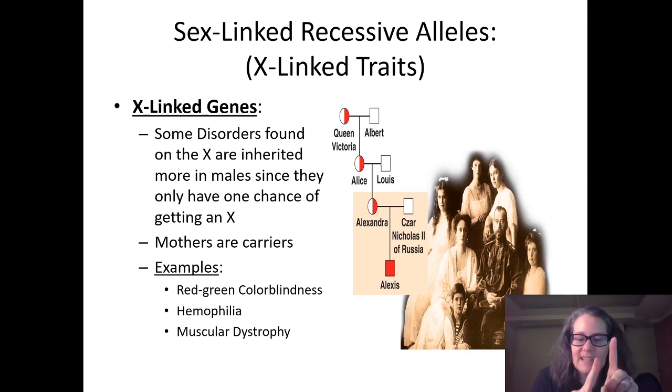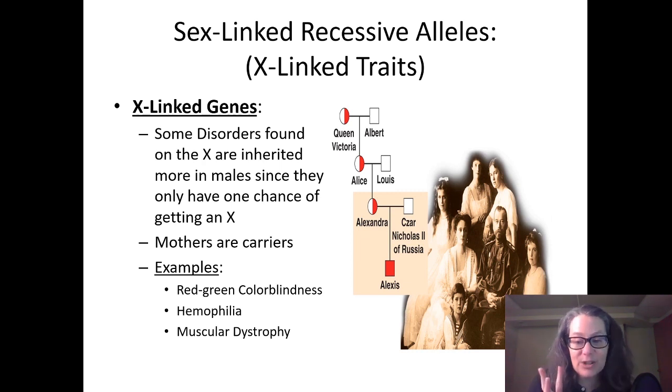Instead of having that kind of cancer system where you have two strikes and then you knock out a cell cycle regulator, males, we say, are hemizygous because they have two different chromosome possibilities on this 23rd set. And because you only have one X, you have only one chance to inherit the correct color vision or the correct muscle development or these kinds of things.